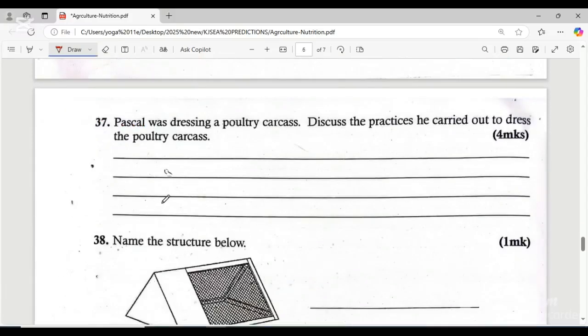Pascal was dressing a poultry carcass. Discuss the practices he carried out to dress the poultry carcass. First thing is to behead. To behead is to remove the head, then remove the feathers. It is called defeathering.